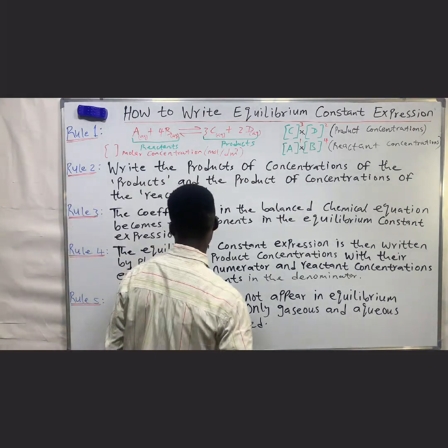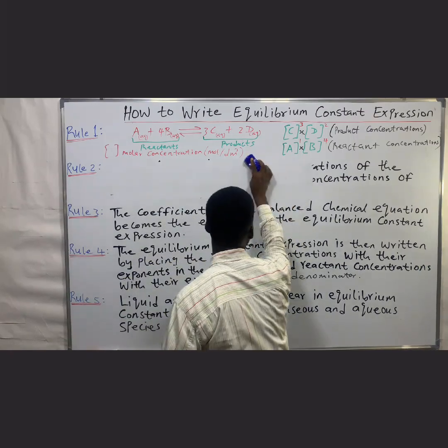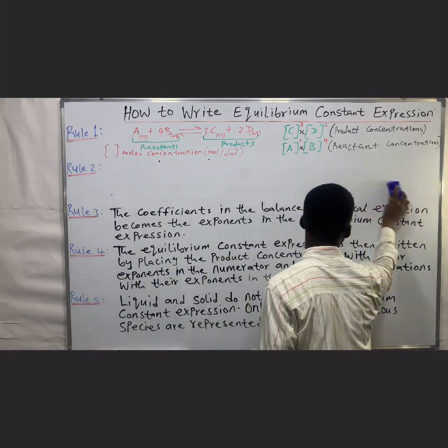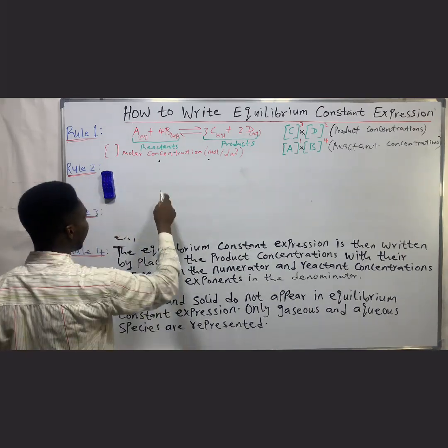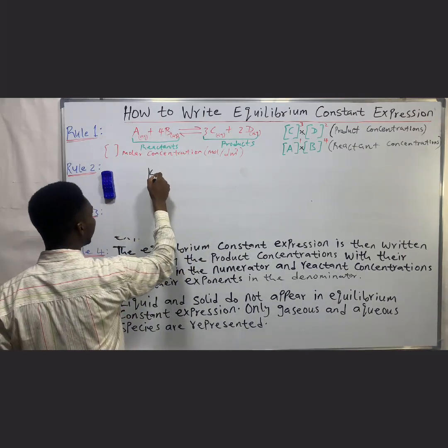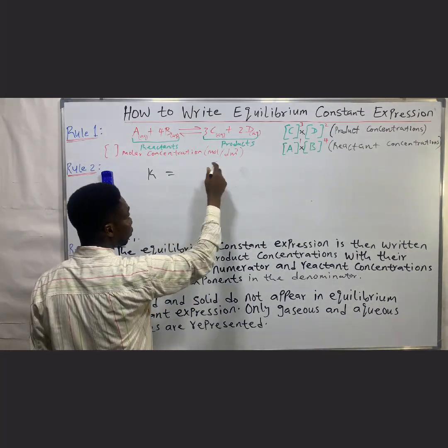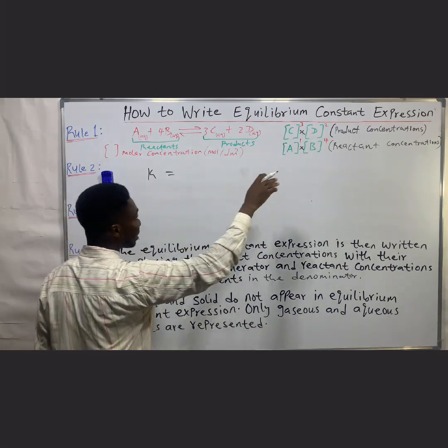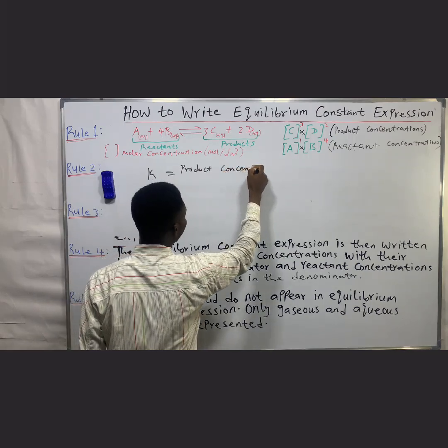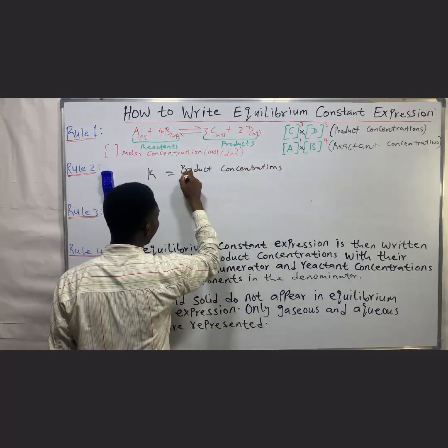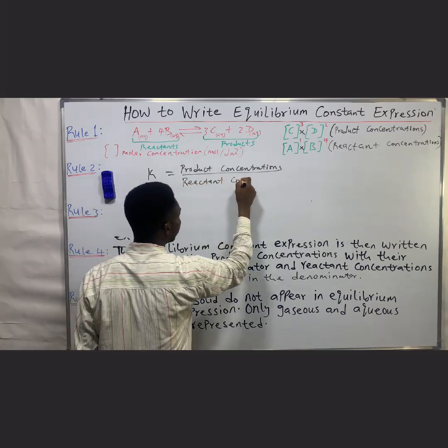So now what do I do? Let me rub this off. Now I'm going to have K. K is indicative of the equilibrium constant. So the equilibrium constant is going to be product concentration all over reactant concentrations.